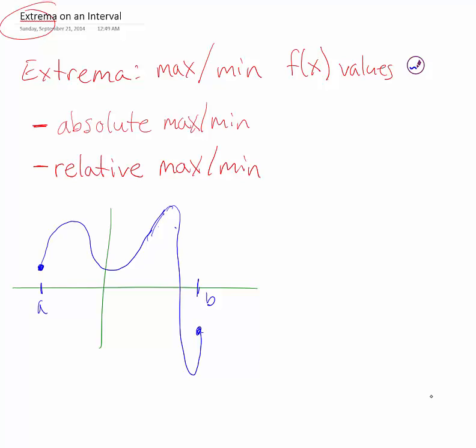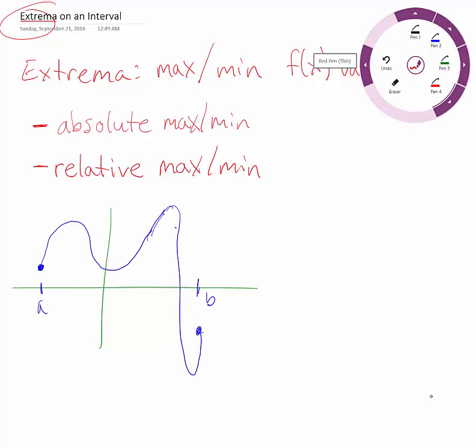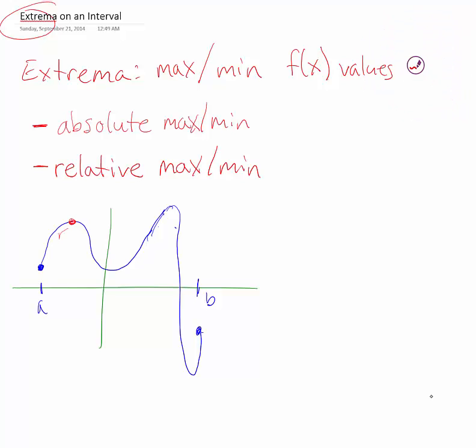Okay. Now, for this case, A is not a maximum and not a minimum. But then when we come over here, this point goes down to the left and down to the right, so this would be a maximum. Now, it's not the very biggest point in our graph, so we call that a relative maximum.